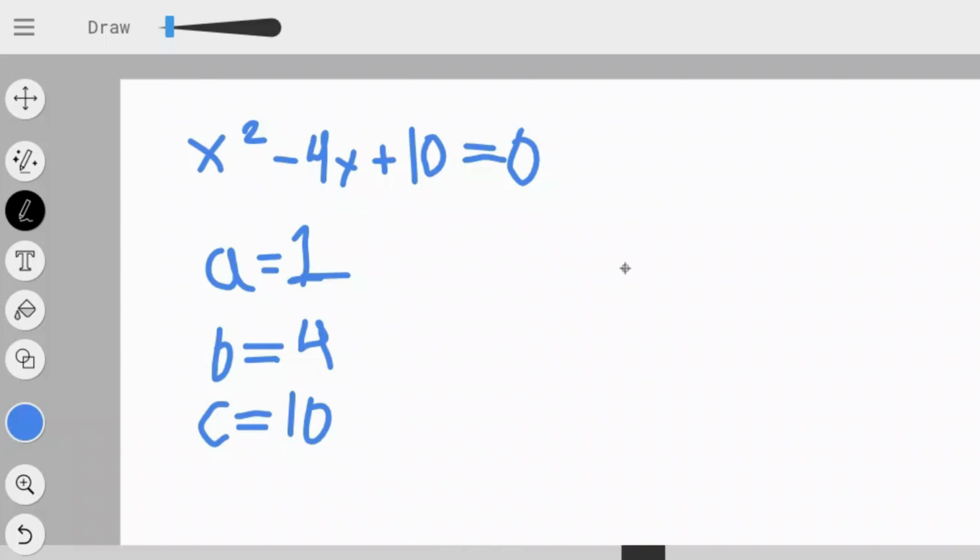So we're going to start plugging in our numbers. Negative 4. That's what I forgot. This is supposed to have a negative right here. Okay, negative 4, plus or minus. This is going to be very long.